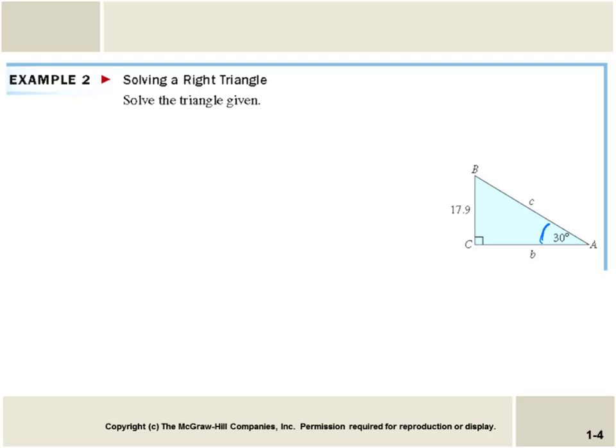Good. So Arian says take the sine of 30 degrees. The sine is equal to the opposite over the hypotenuse, right? What's the sine of 30 degrees, Arian?